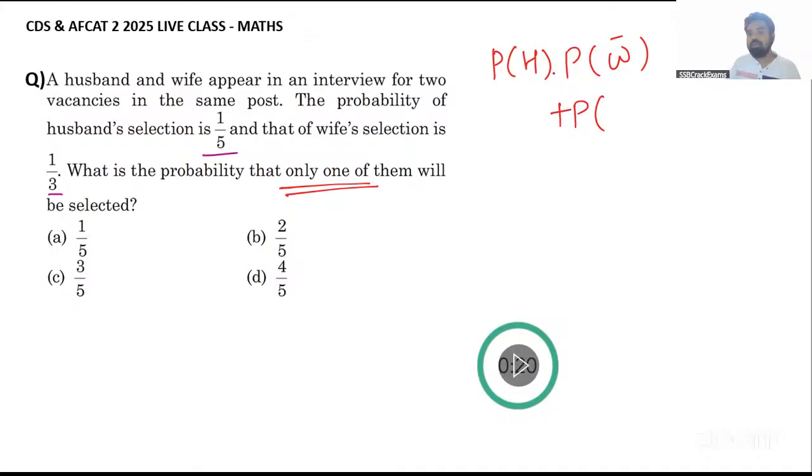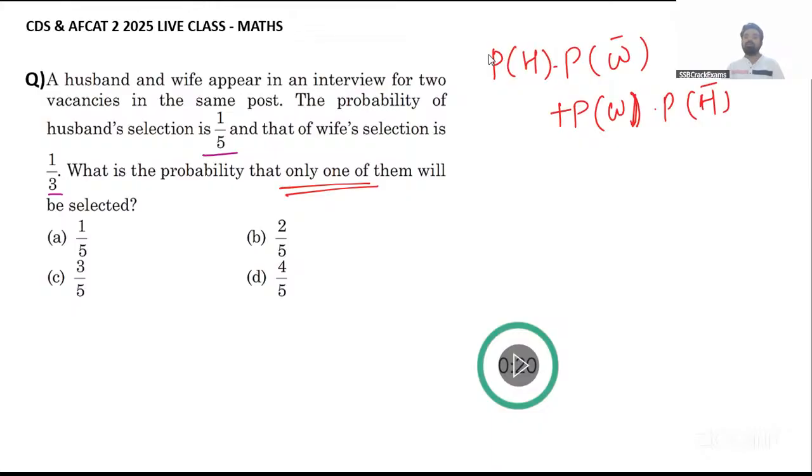Husband is selected and wife is not, so "and" is coming in between, so we multiply. Or wife is selected and husband is not selected, so again "and" is coming in between, so we multiply.